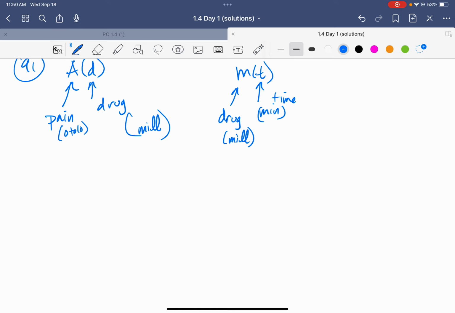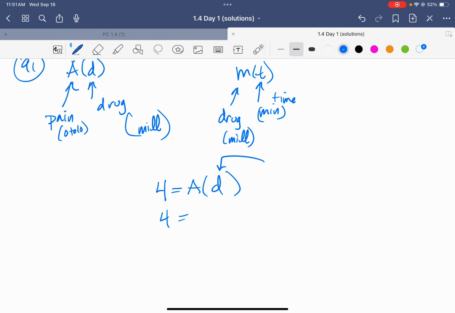Drug milligrams. And so what do you need to do? You need to just think of, again, it's a 2-step process. So which of the following would you do if you wanted to determine when the patient will be at a pain level of 4? So 4 is equal to some pain level, right? What this tells me right now is for a specific drug or dosage amount, it will give me the pain level.